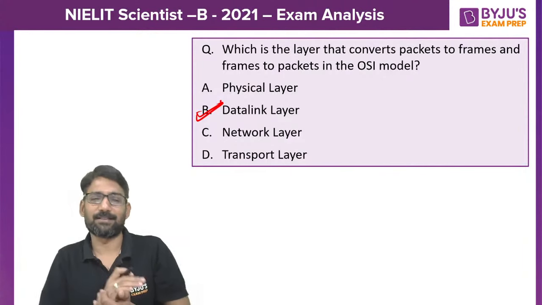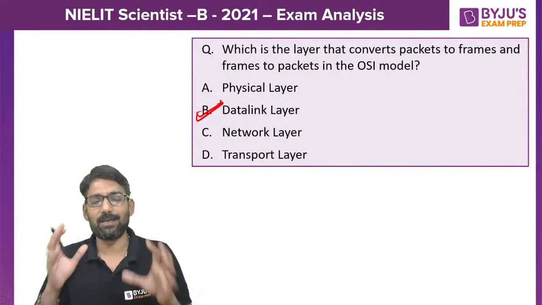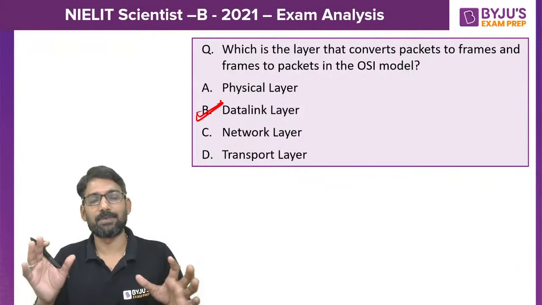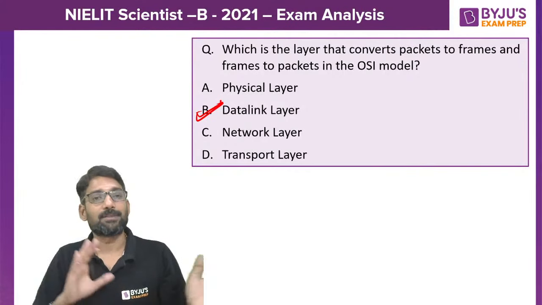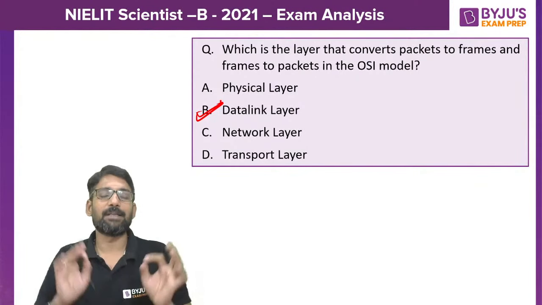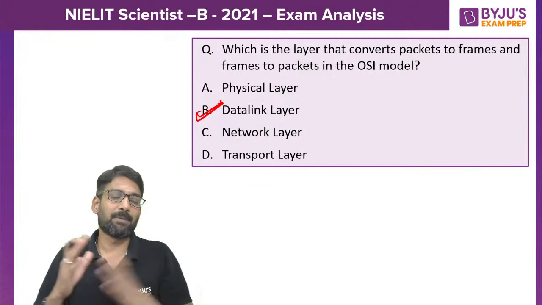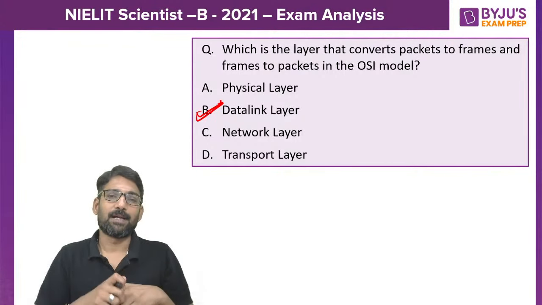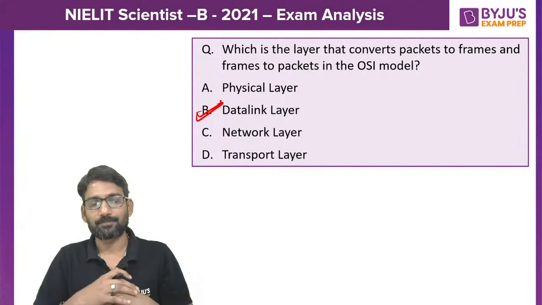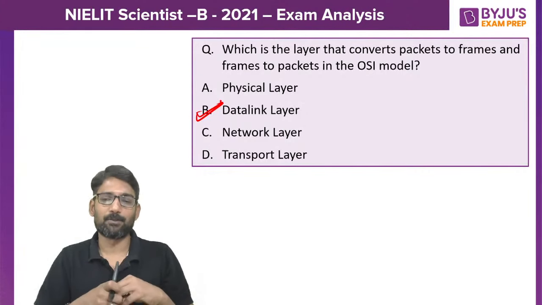So definitely the NIELIT Scientist B 2021 exam, held on 5th December 2021 in shift 2, as we received the paper of shift 2, is easy, I can say. And the minimum cutoff, because of the competition, would be around 85 plus, and the maximum can go till 110, 112.